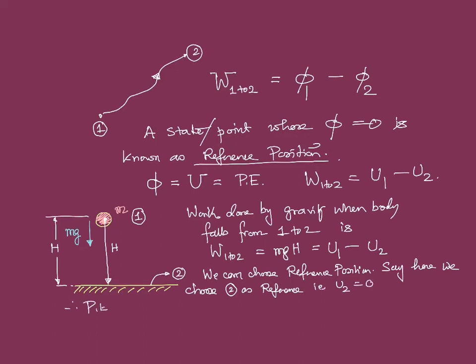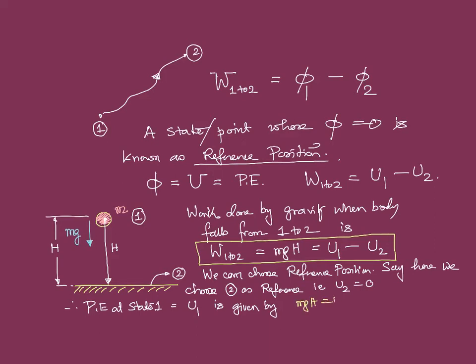Therefore potential energy at state 1 is U1. Now look at this equation. Here in place of U2 we will put 0. So that is given by mgh equal to U1 minus 0, implies U1 is equal to mgh. So it depends on the reference position.